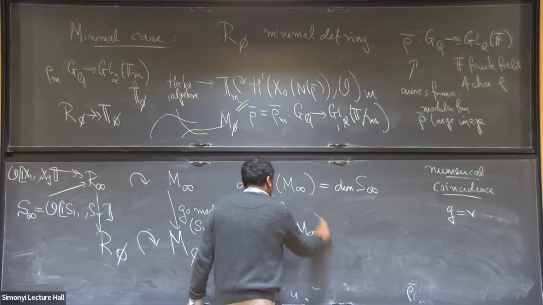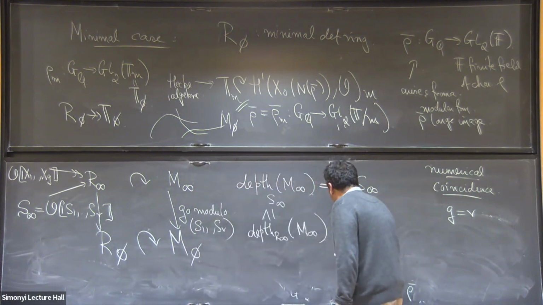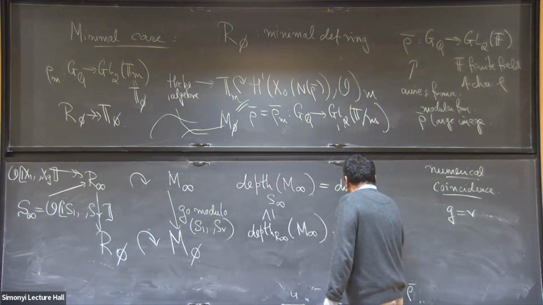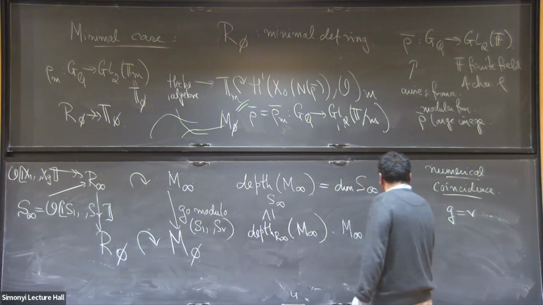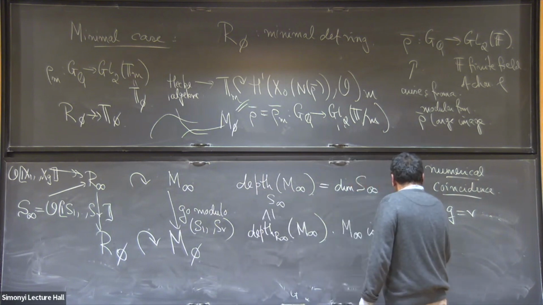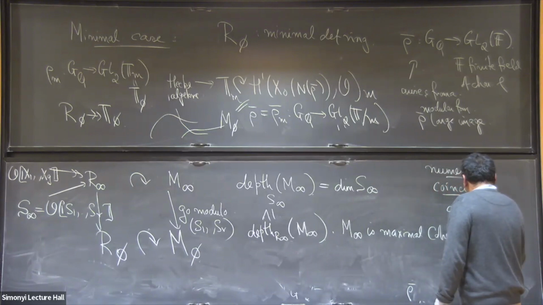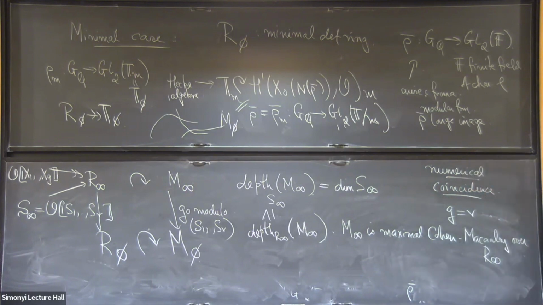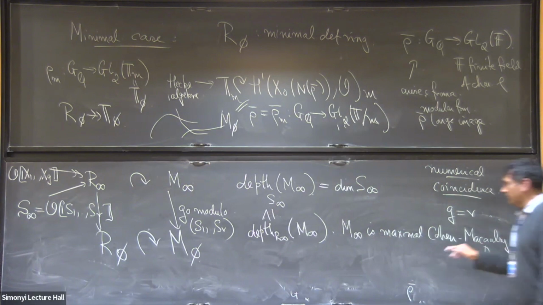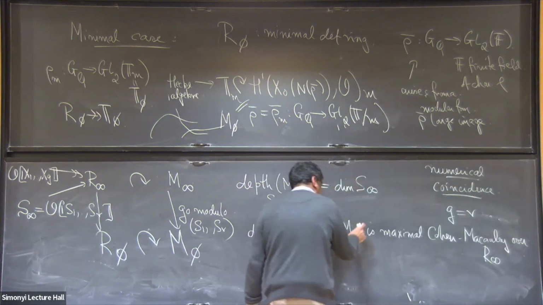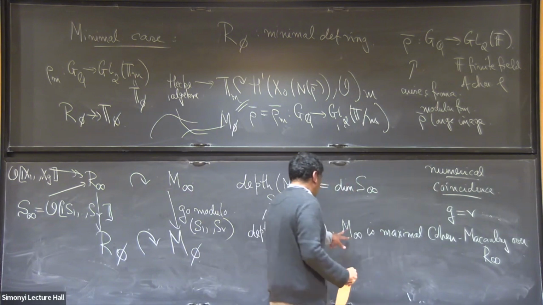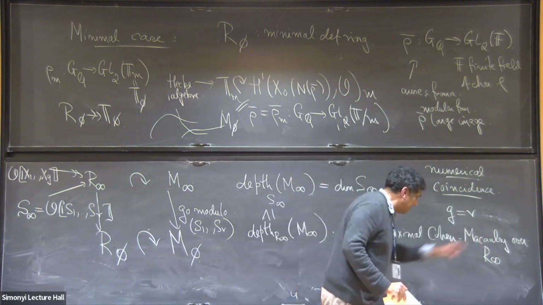So from this you conclude that M infinity is maximal Cohen-Macaulay over R infinity. And then you can apply to M infinity over R infinity the Auslander-Buchsbaum theorem, which tells you there's a connection between the depth, the projective dimension and the dimension of the ring.